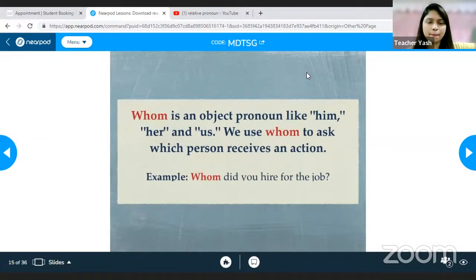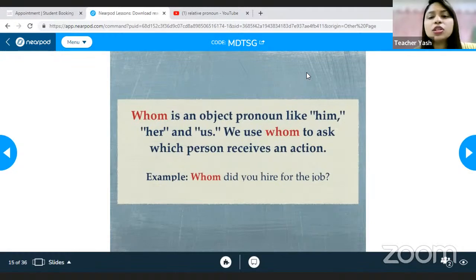Ansley? Whom is an object pronoun like him, her, and us. We use whom to ask which person receives an action. Example, whom did you hire for the job? Yes. So whom is actually to replace the words him, her, us. Object pronoun. So we use whom to ask which person receives an action, gets the action.